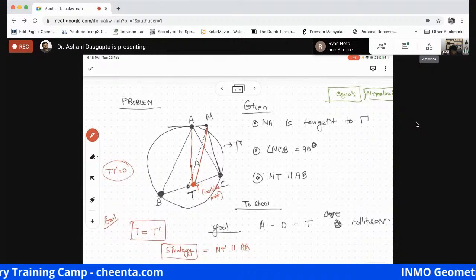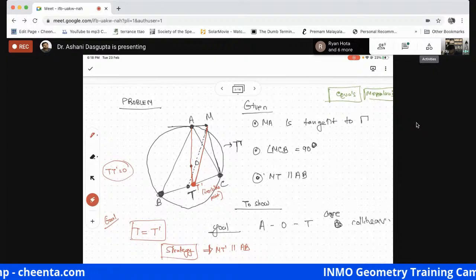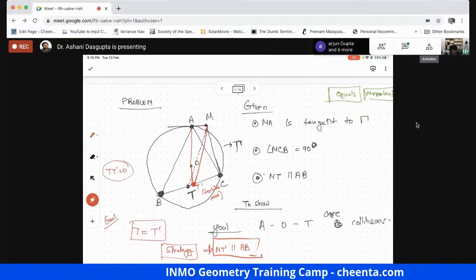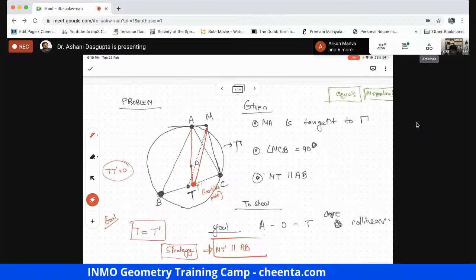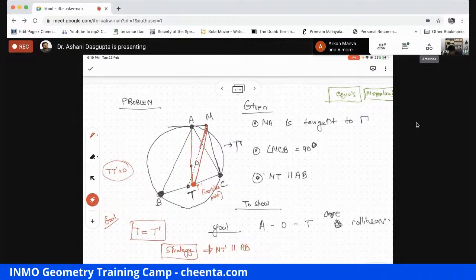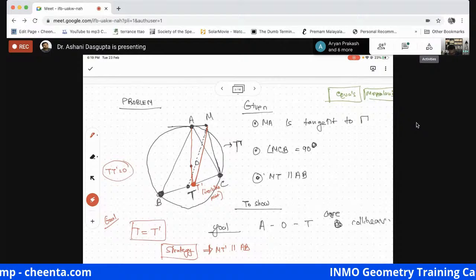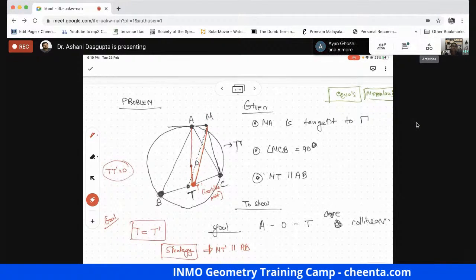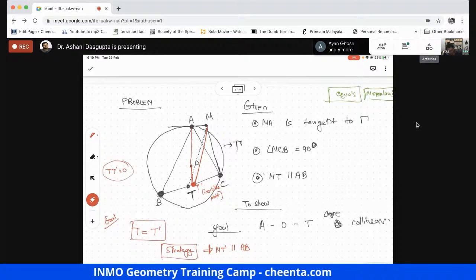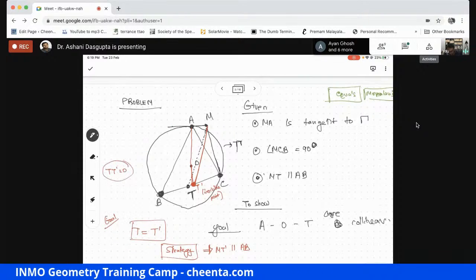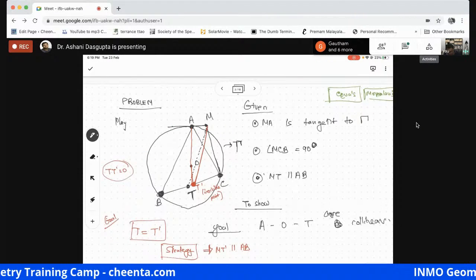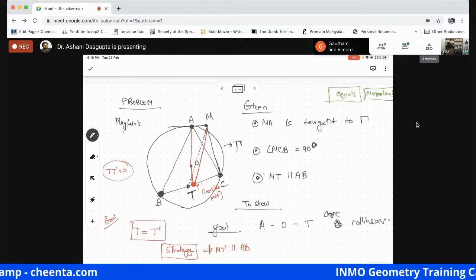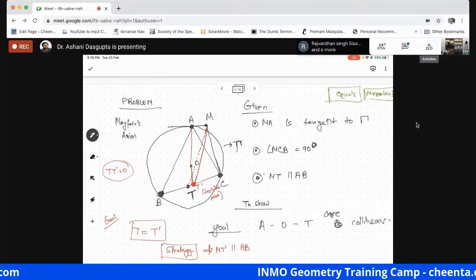Join MT prime, and then show that MT prime is parallel to AB. But MT was parallel to AB. That means that MT and MT prime are the same straight line by Playfair's axiom. So I must point out Playfair's axiom here.